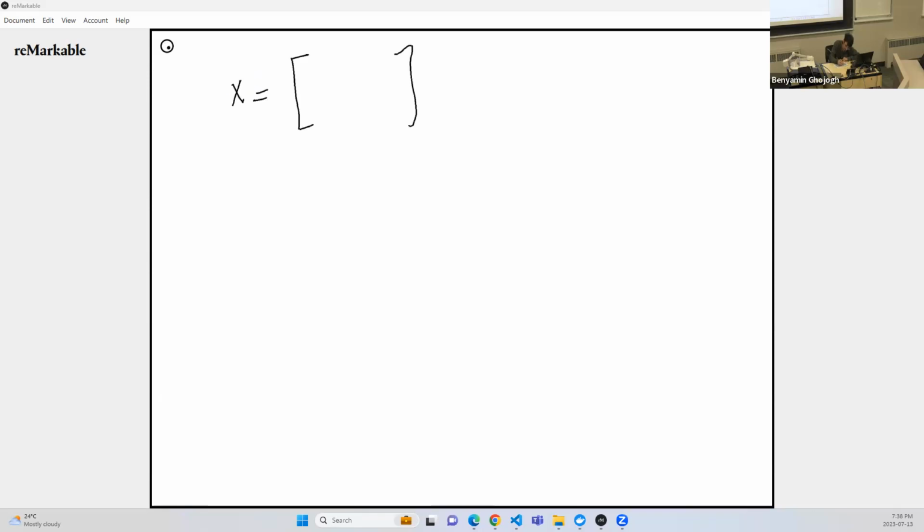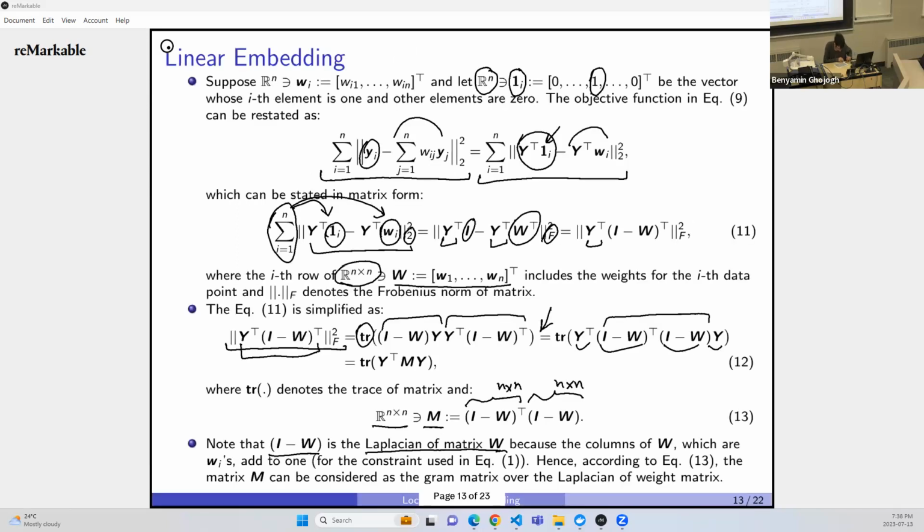Okay. Yes. According to linear algebra, Laplacian of this X equals matrix D minus X. Yeah, I think I'm right.